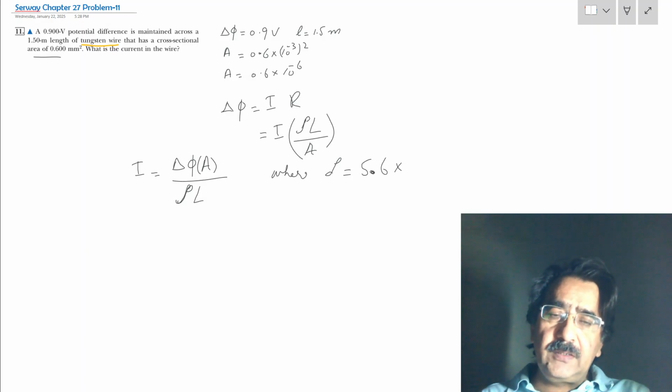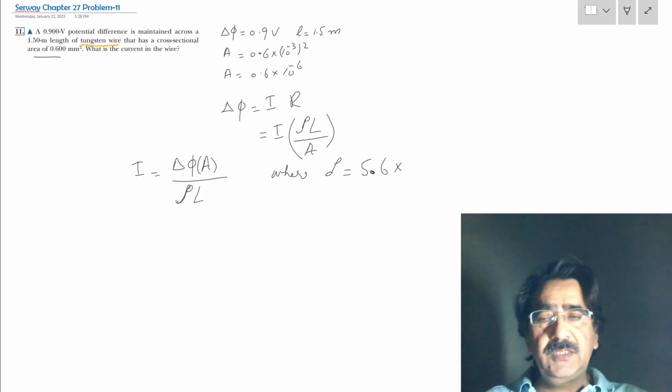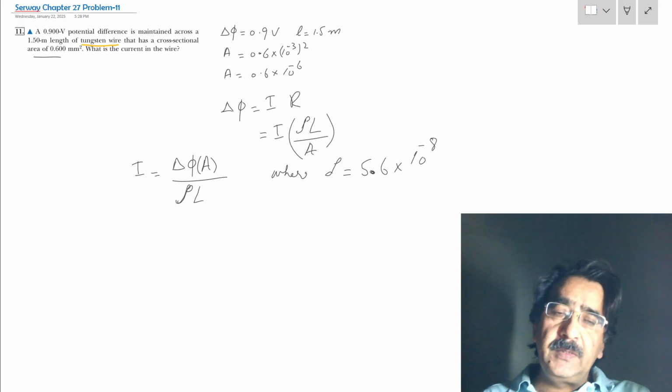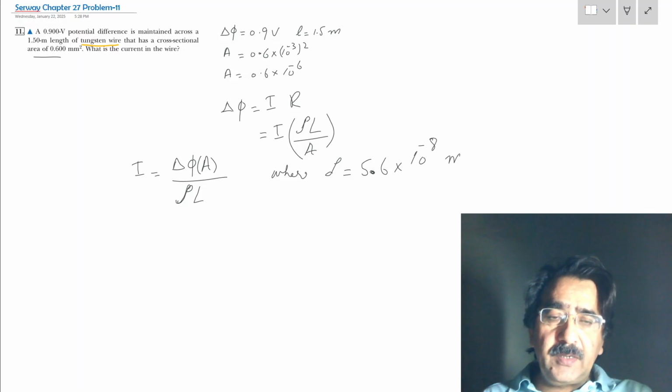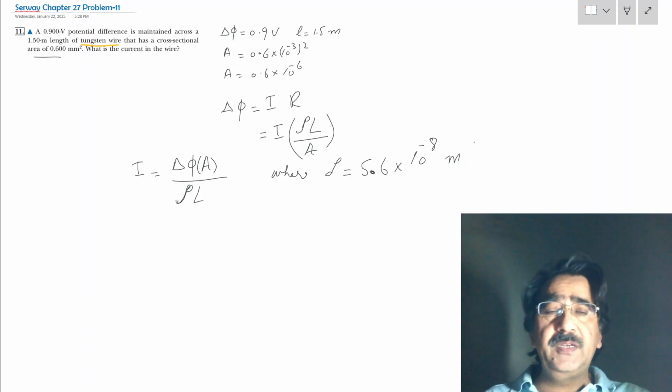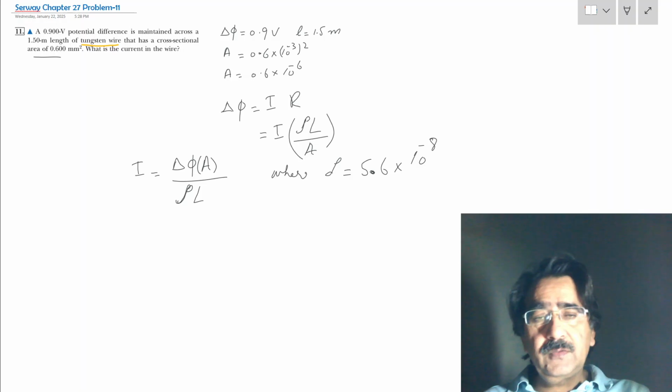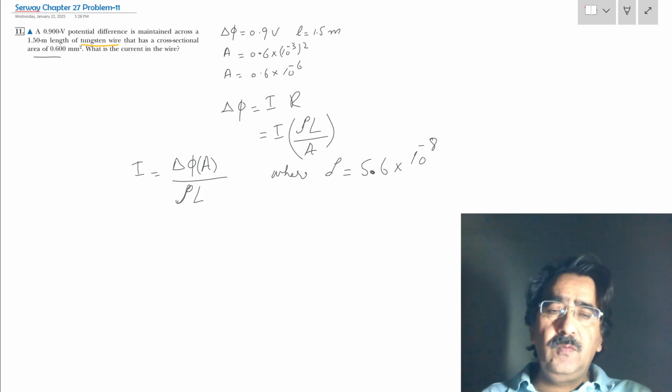That is not given, but it may be given in the formula sheet. 5.6 times 10 raised to power minus 8, and the unit will be ohm meter.